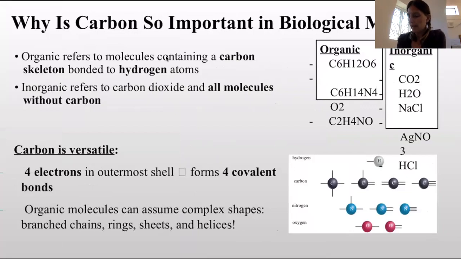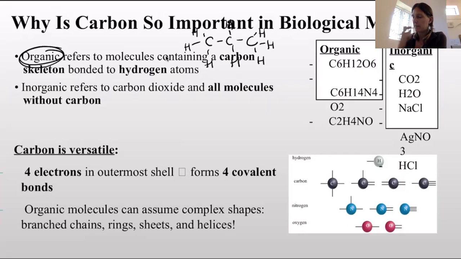Organic refers to any molecule with a carbon skeleton, and by that I mean carbons bound to each other and bound to hydrogen atoms. So here we would have H there and H there. That's organic.